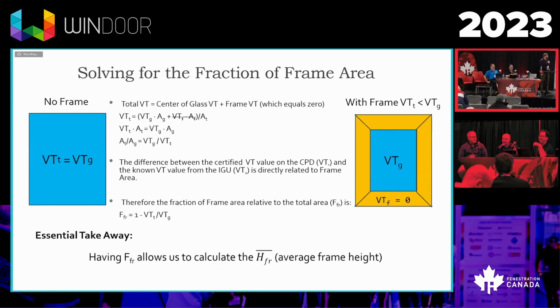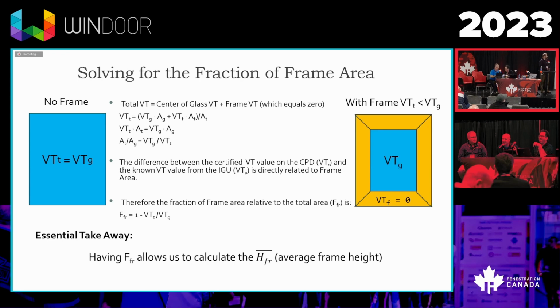So just breaking this down by the math, essentially we know that if this is the set size of a fixed window, the visual transmittal will equal the visual total of glass if it's just glass. But it will be less because the frame is taking up some of that area.